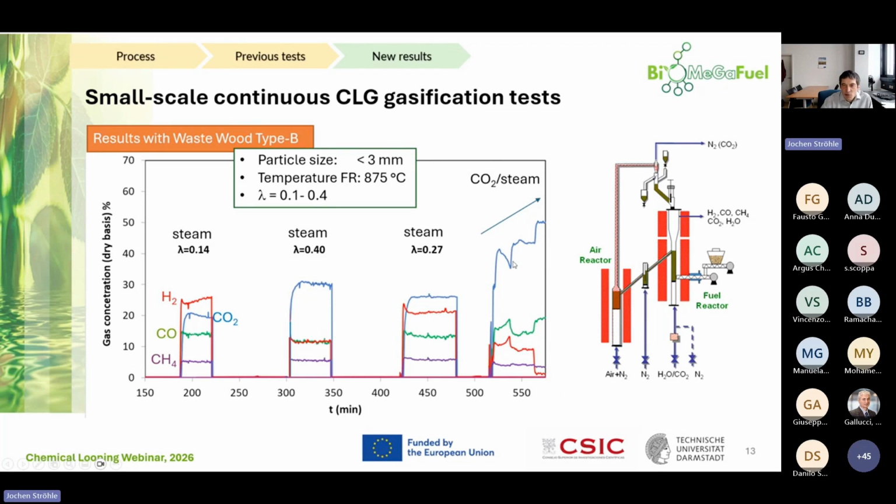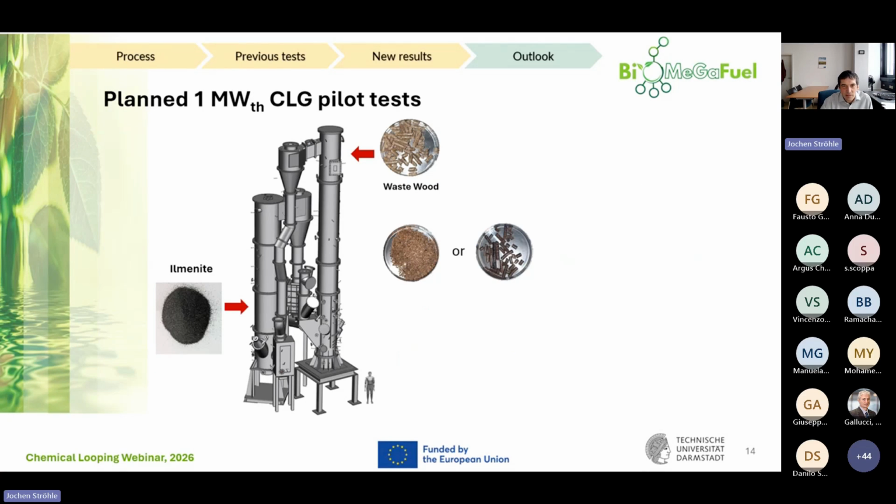Similar tests have also been done for the other types of feedstock, and so far no severe agglomerations have been observed. So far we are quite confident that we can use at least the wastewood and also olive pits in the 1 megawatt plant. But some tests are still pending here.